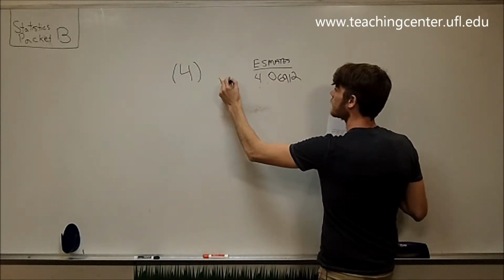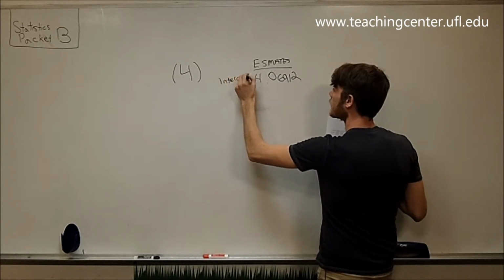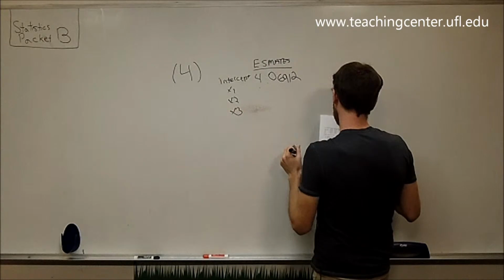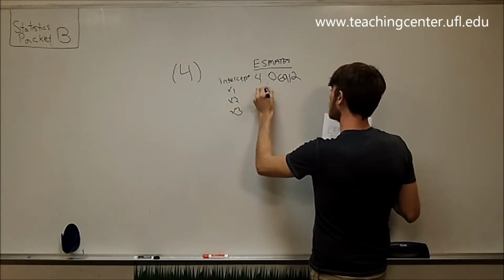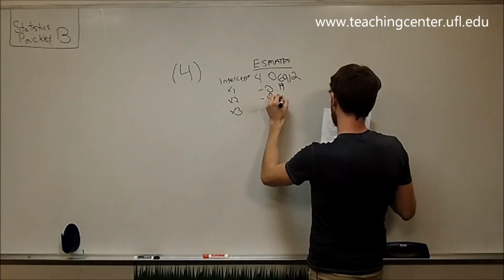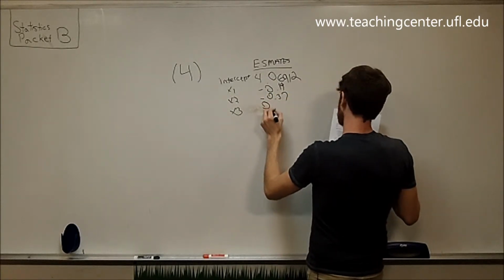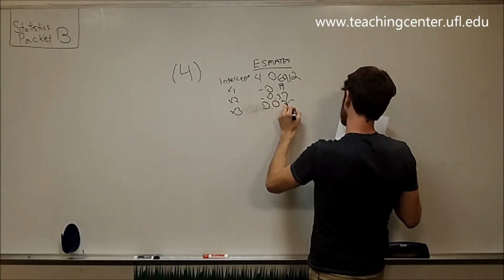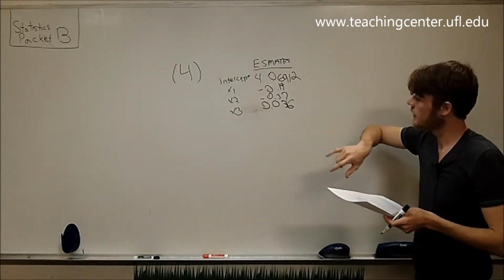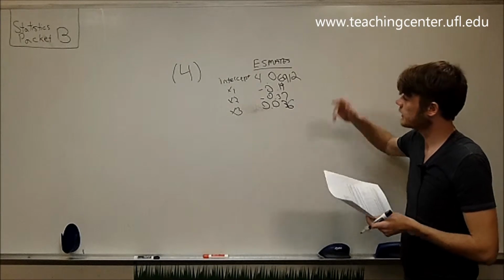So we have intercept, x1, x2, x3: negative 0.19, negative 0.37, and 0.036. Okay, we have this, and we just plug it in now.